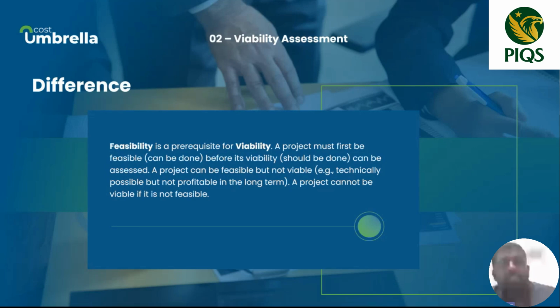A project must first be feasible, can be done, before its viability should be done. Why am I saying should be done? For example, you confirm that you have enough money and resources to complete a 5-star hotel, but your viability report says even if you construct this, you will not get any return. Like the project creating issues for the Sri Lankan government and country as a whole for the last 10 years.